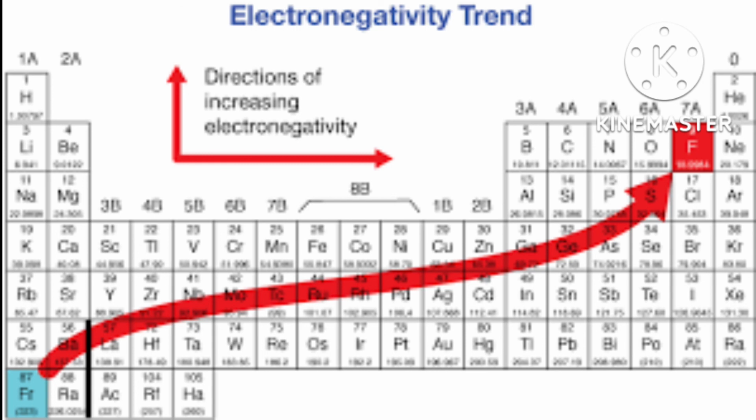This is a very important thing: how radius and electronegativity are related. The attraction between the valence electron and the nucleus increases as the atomic radius decreases in a period.